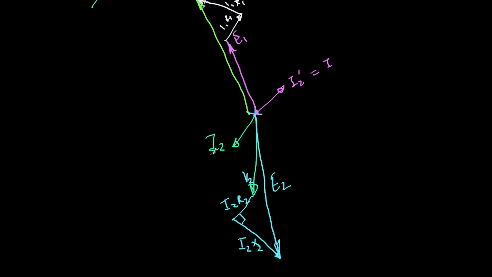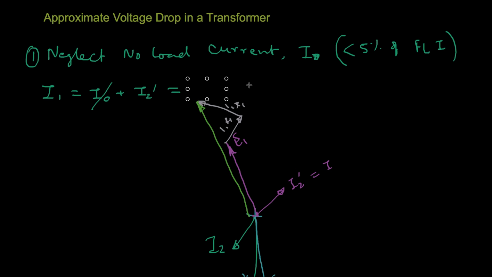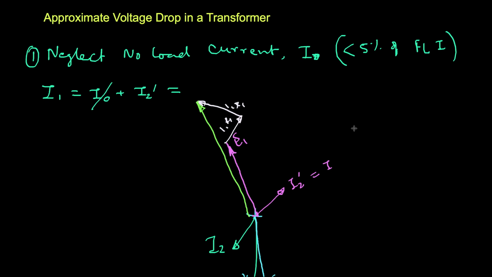Now, just like how the I2 has been transferred, let me just make it correct. I want to define it properly. So let's define K as V2 by V1.